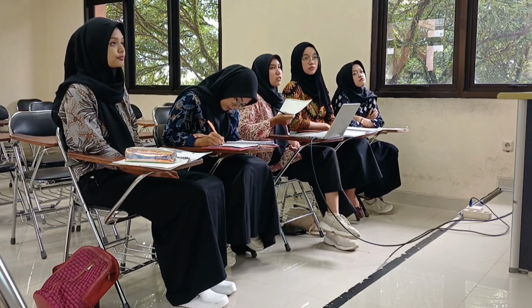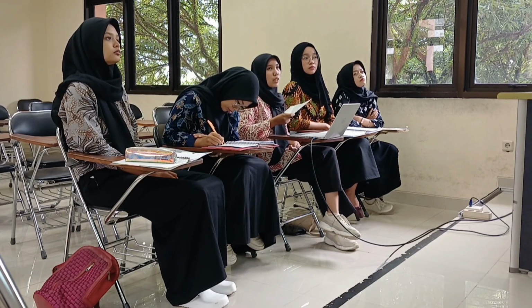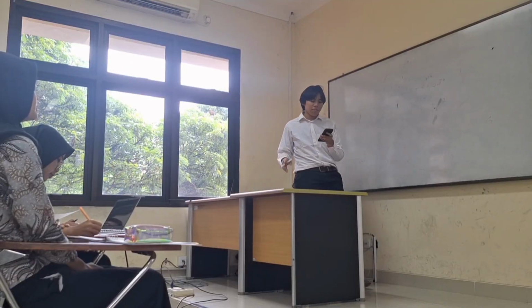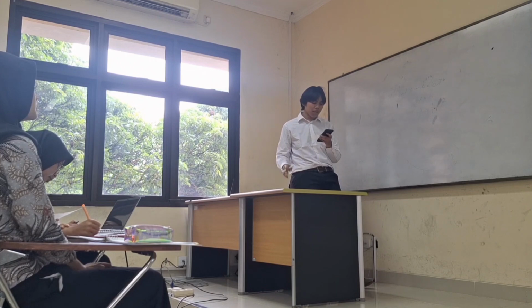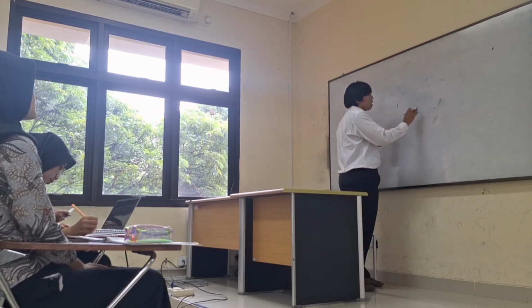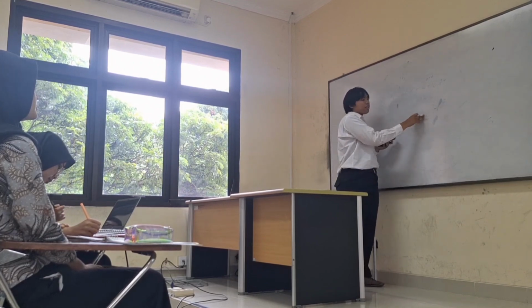Now, to isolate x, we divide both sides by 2. So, x equals 14 divided by 2. And we get x equals 7. Well done, Aliya. You have solved it correctly. The solution to 2x minus 4 equals 10 is x equals 7.